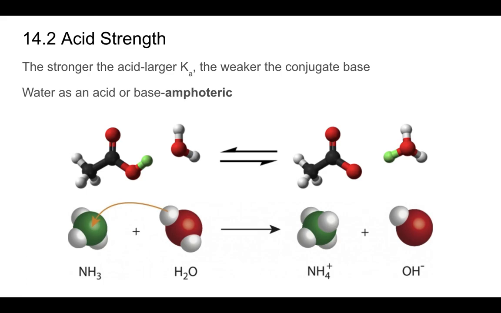That labile H plus is going to add to water to make hydronium on the right, and you're going to lose that H plus and form the acetate ion, C2H3O2 minus. In the reverse direction, that proton is going to add to acetate, so acetate is going to be a base and hydronium is going to be an acid and make the acetic acid. But the easier it is for the acid to give up the proton, the harder it is for its conjugate base to accept a proton.